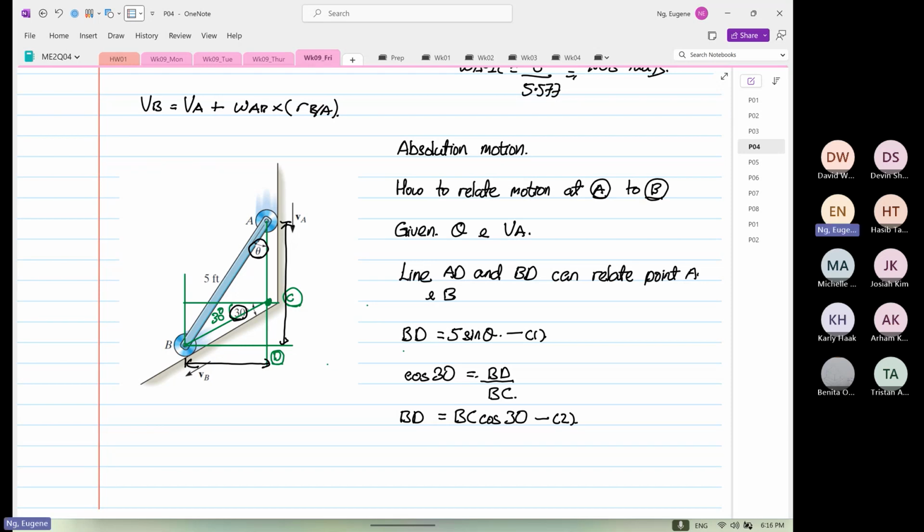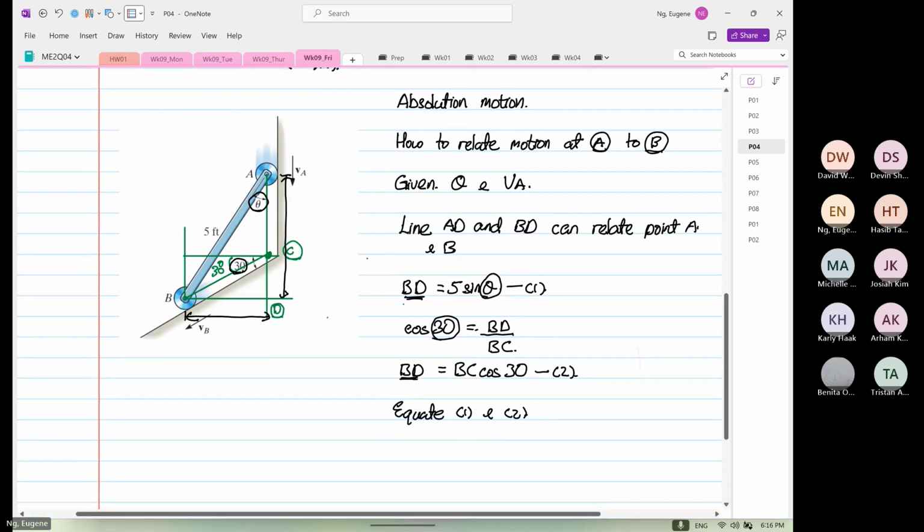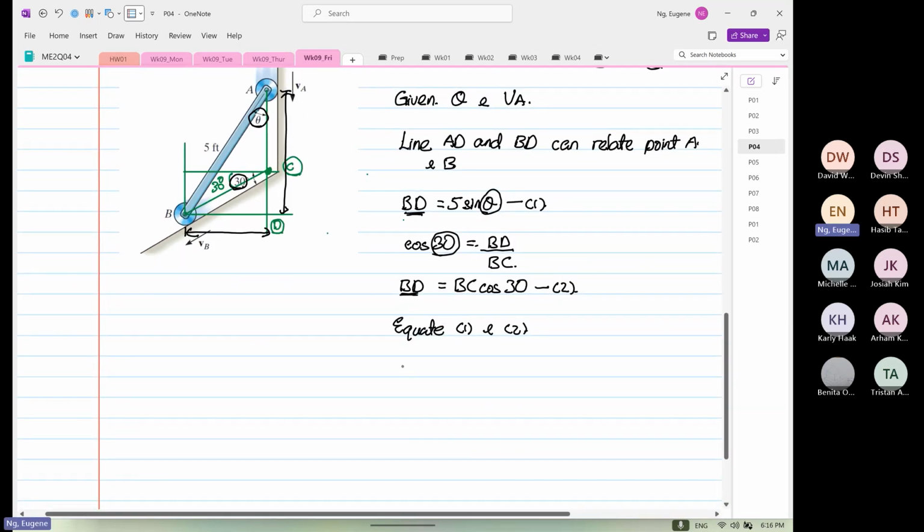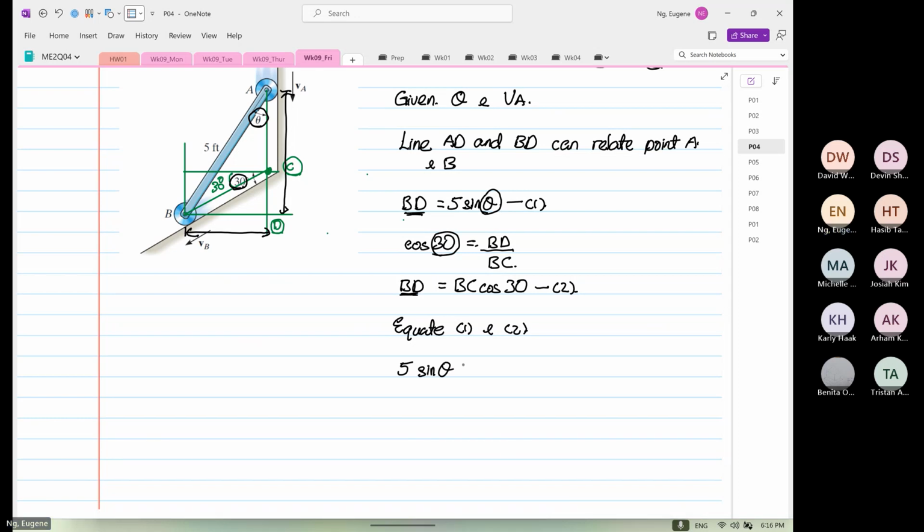So now the common thing that we relate with theta and 30 degrees is our line BD, right? So we're going to equate equation 1 and 2. We have a relationship that specifies 5 sine theta is equal to BC cos 30.